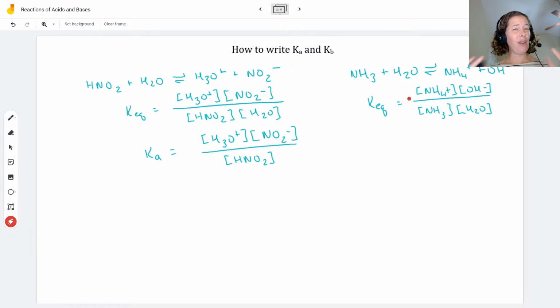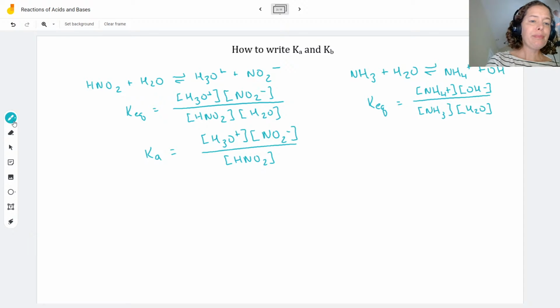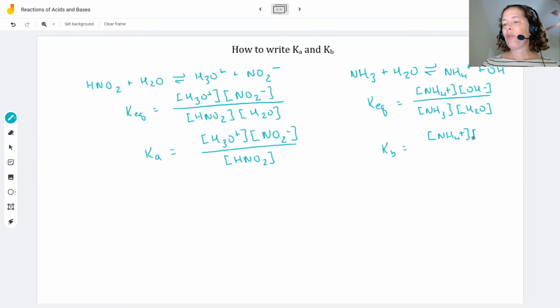So in essence, you can also think of this as putting all your constants together and keeping all your variables together. Now we have a Kb for base, and what it does is it simplifies this expression to our ammonium cation, our hydroxide anion, and the concentration of ammonia.